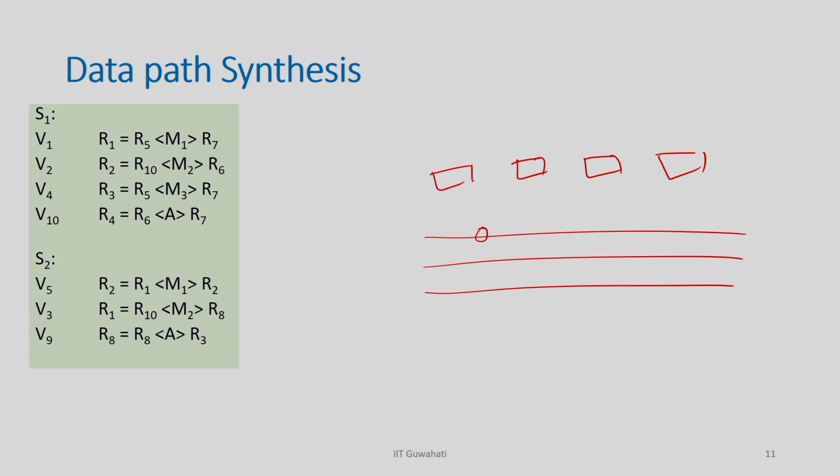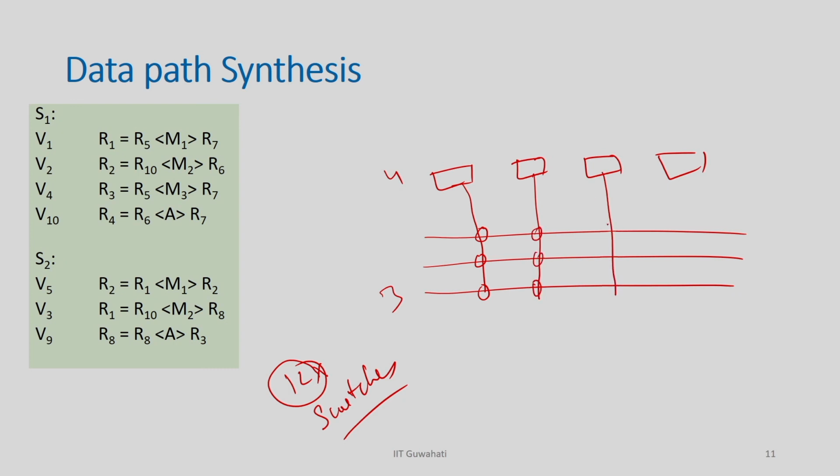I can connect this register to all the buses and put a switch there, but if there are say 4 registers and 3 buses, I need 12 switches. That may not be needed, because this gives the maximum flexibility, where any register value can go to any bus, but you may not need that much flexibility. It is basically the maximum possible interconnections, so I do not need that.